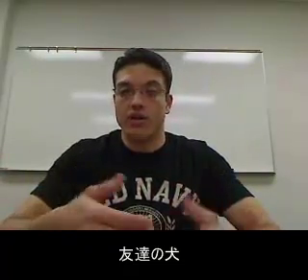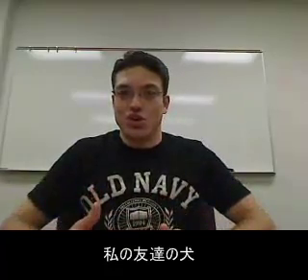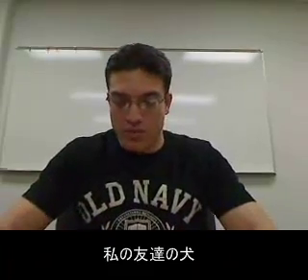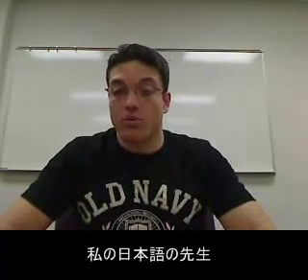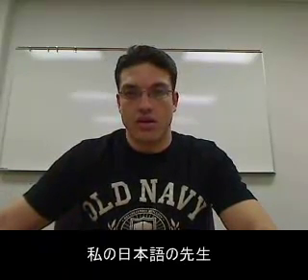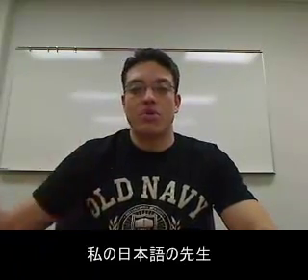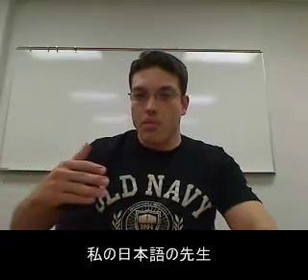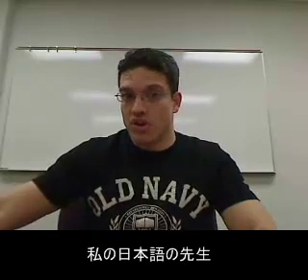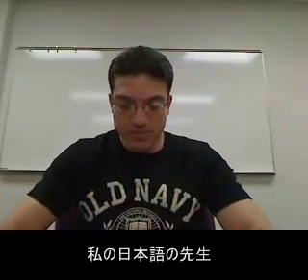So if I say, "Watashi no tomodachi no inu," it is the dog of my friend. Okay. For example, the example I put down was, "Watashi no nihongo no sensei," my Japanese professor, meaning my professor of Japanese or my teacher of Japanese.